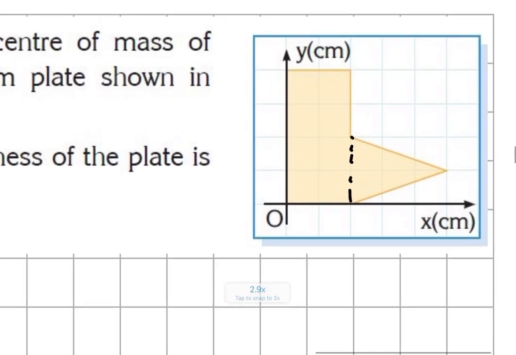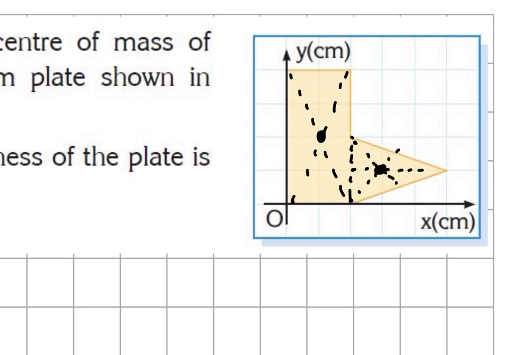Yeah, here rectangles, center of mass will be at the intersection of the diagonals. The triangles center of mass will be at intersection of the medians, so it will be here. How do we know it? Because medians, intersection of medians divide medians itself into proportion of 2 and 1. That's why 2x and 1x.